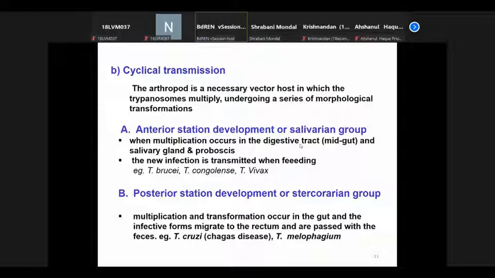It seems complex, just try to have some idea. So we have two types of cyclical transmission.